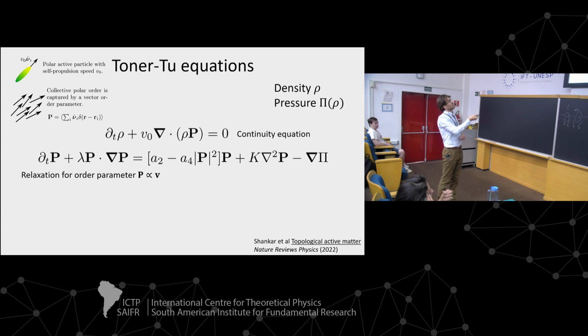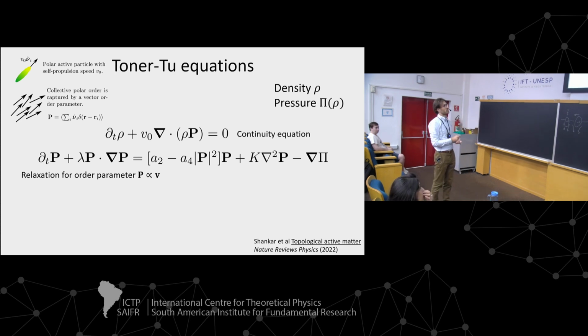We can instead reinterpret it as an equation for the relaxation of an order parameter, where P is now this local orientation of the particles. It happens to be proportional to V. But this equation just tells you that in the steady state, P will have some preferred value, and if it deviates from that preferred value, it tells you the slow evolution of these degrees of freedom towards that.